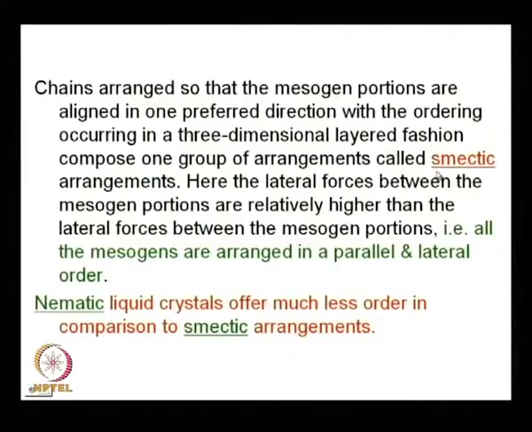composed of one group of arrangements called smectic arrangement. Say, suppose you can have a layer, that means in one layer you can have polymer molecules, one ply. Say, think of laminates or composites. How are the laminates made?